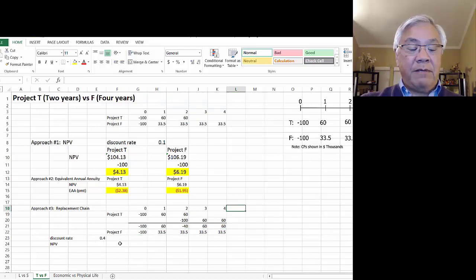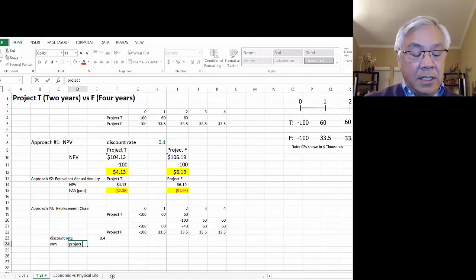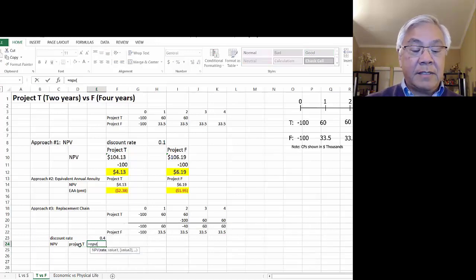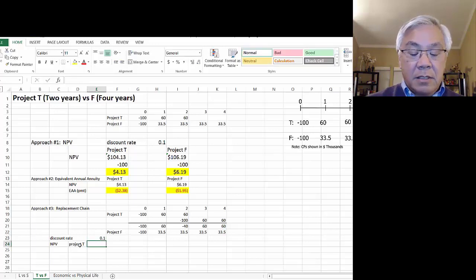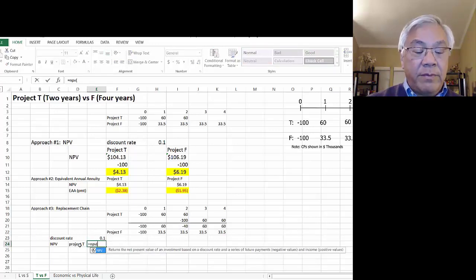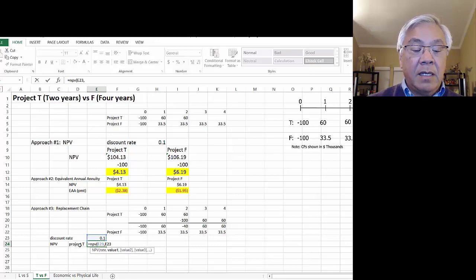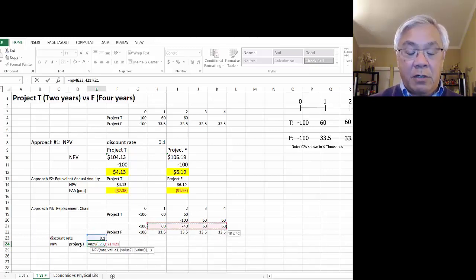Now we can pull the NPVs. So let's do project T, and the NPV equals NPV, open parens, discount rate, it's not 0.4, 0.1, comma, and we go here from T1 to T4, close parens, and we'll factor the $100 investment.